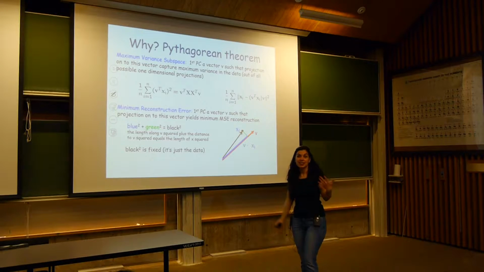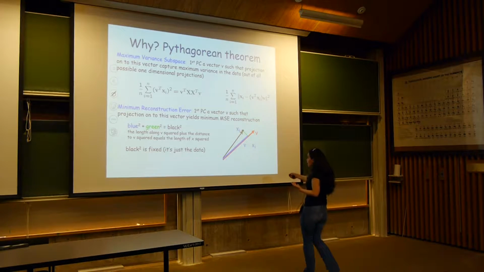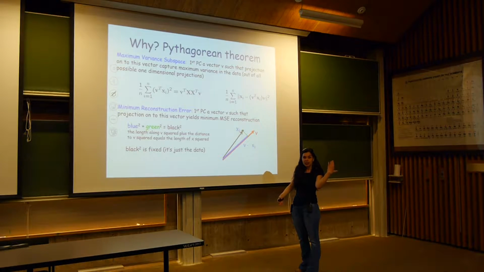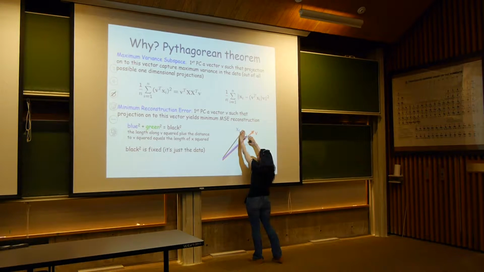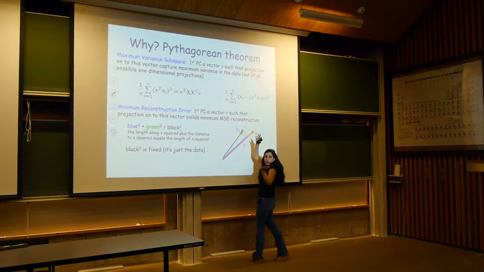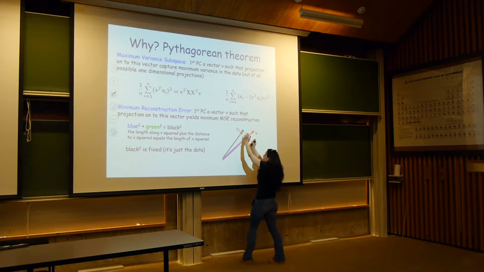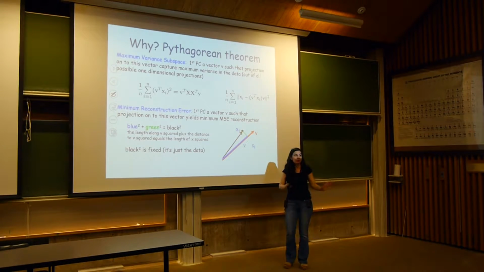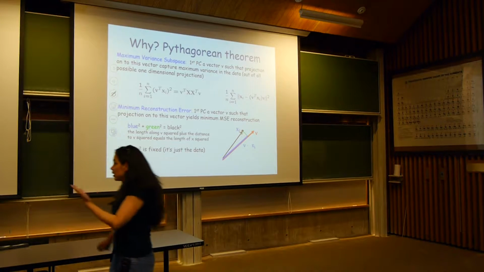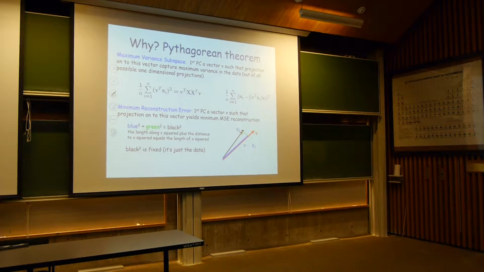Because that is fixed, this immediately implies that maximizing the variance in this direction, which is maximizing the length of the blue part squared, is equivalent to minimizing the green part squared, which is the reconstruction error. Proof by picture, Pythagorean theorem, essentially.